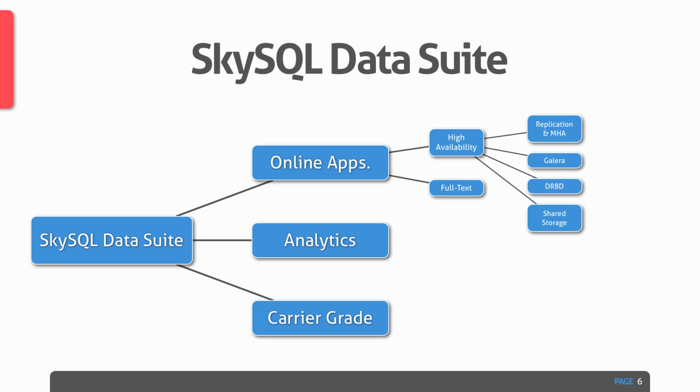Specifically for high availability, we have various options. Some are really used in the cloud, and others are more specific for standard data centers and bare metal or bare operating systems.